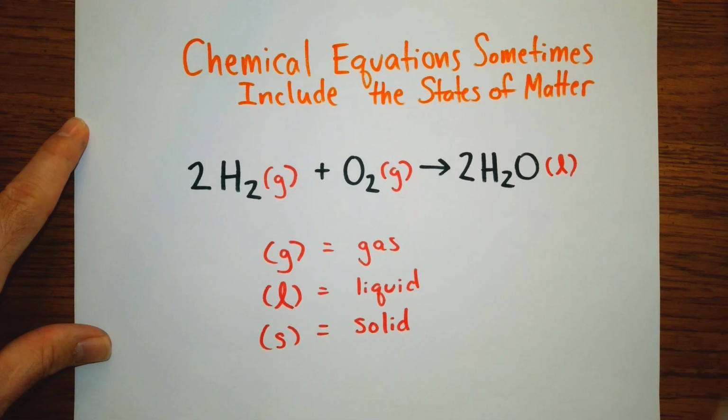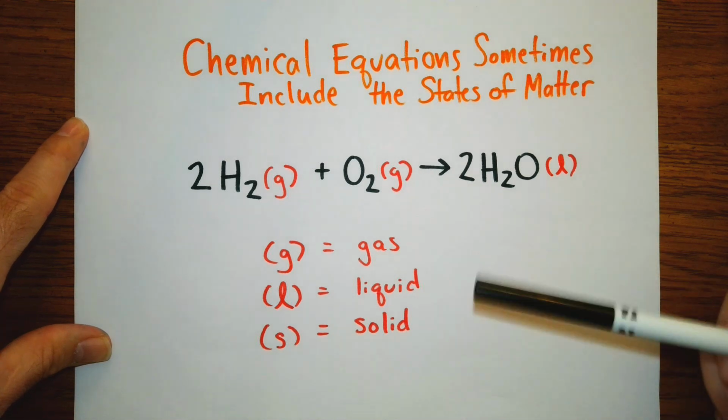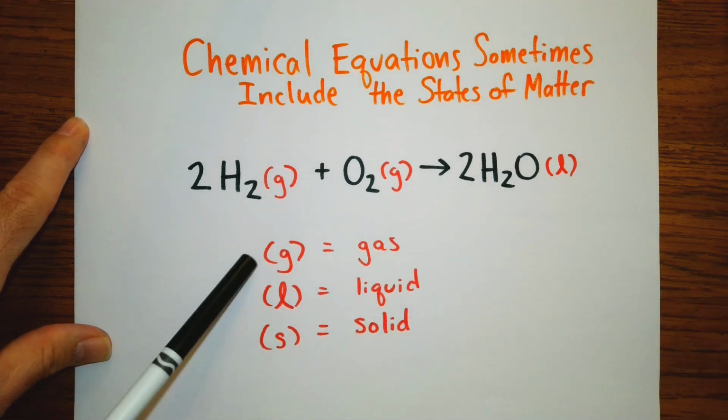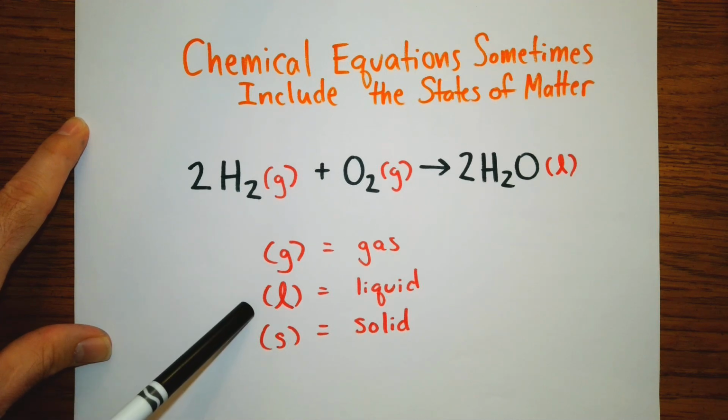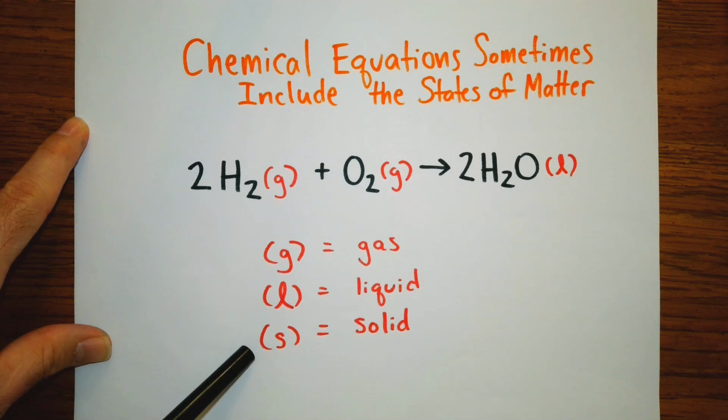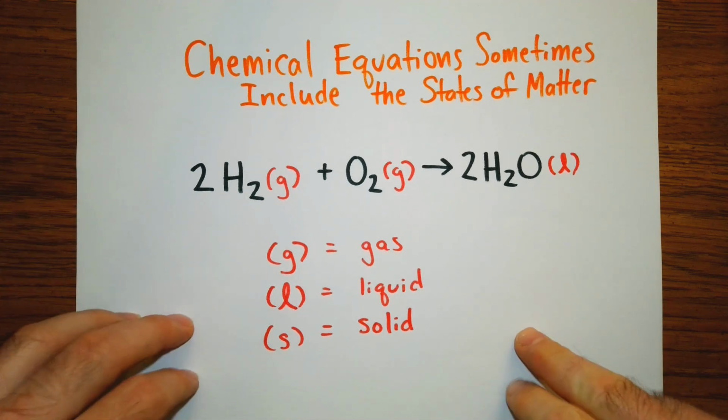And you could prepare yourself to know that's something you might have to filter or keep track of one way or another. And so it is written in parentheses, lowercase letters, g stands for gas, the cursive l stands for liquid, and s stands for solid.